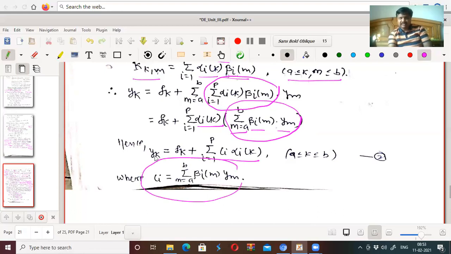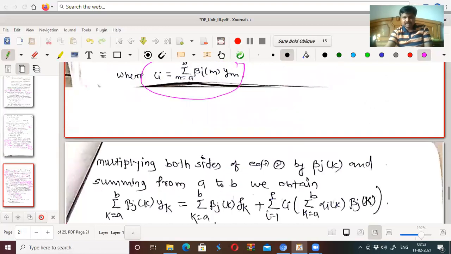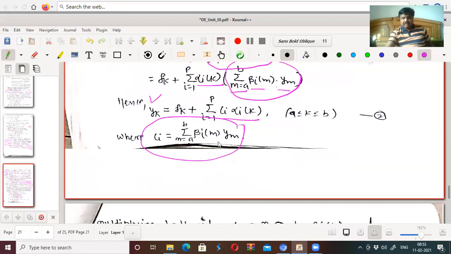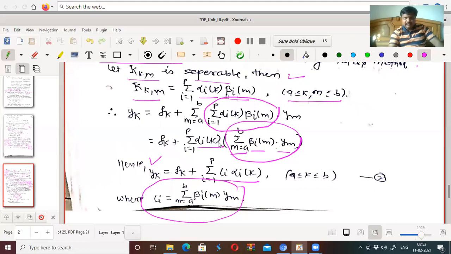So what do we obtain? y k is equal to f k plus summation from i equal to 1 to p c i alpha i k. So what we are saying here? Okay. If the kernel is a separable kernel, then the given Fredholm equation can be written in this way: y k equal to f k plus summation from i equal to 1 to p c i alpha i k, where c i is this one.